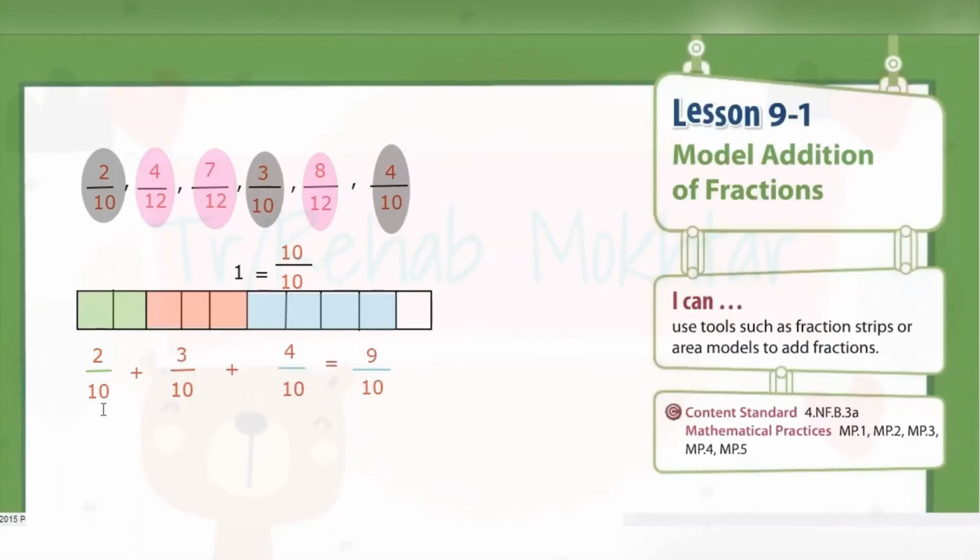Keep the denominator as it is, which is 10, and add the numerators. 2 plus 3 equals 5, and 4 more equals 9. To find the sum of fractions with a like denominator, put the denominator as it is and add the numerators. Let's start our lesson.